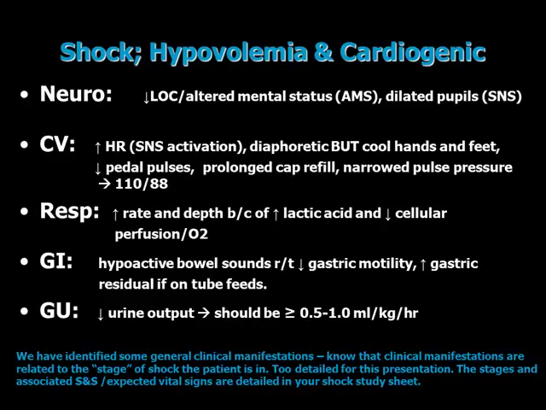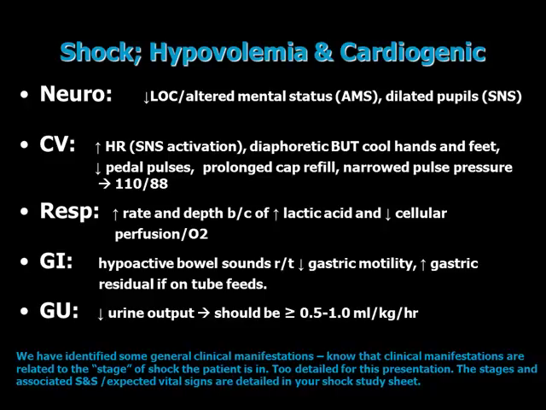And therefore with decreased bowel sounds you're going to have decreased gastric motility, and with that, if they're on a tube feed, then they may have an increased residual because it's not going to go in and down and then out.